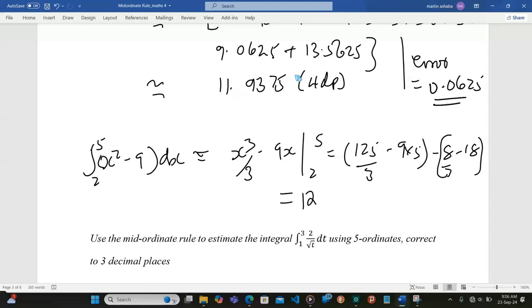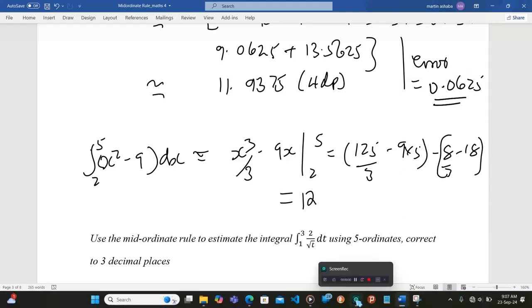The mid-ordinate rule gives you an area approximate to the exact one from analytical methods, because numerical methods are an alternative to analytical methods. That's all. Thank you for tuning in.